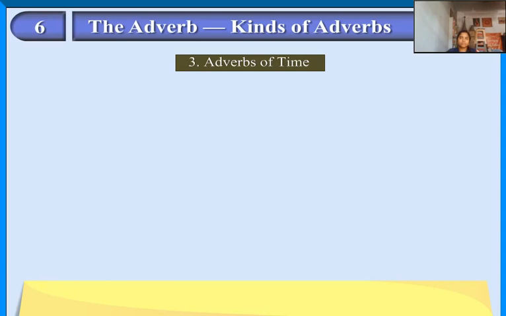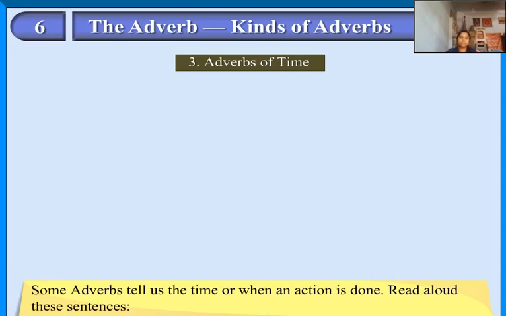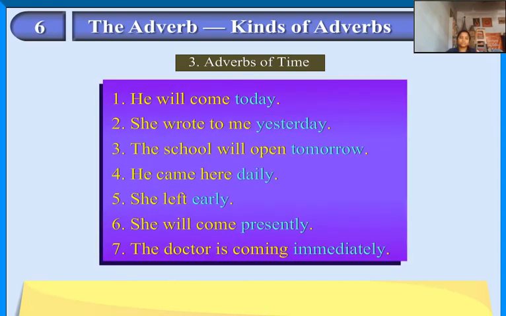Adverbs of time. Some adverbs tell us the time or when an action is done. Read aloud these sentences. He will come today. She wrote to me yesterday. The school will open tomorrow. He came here daily. She left early. She will come presently.